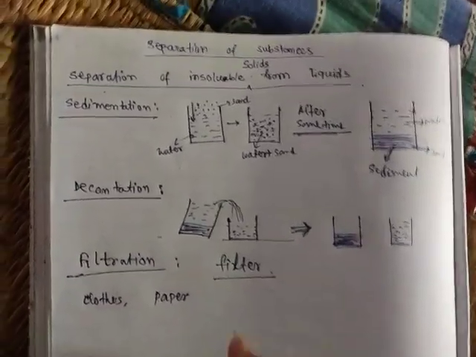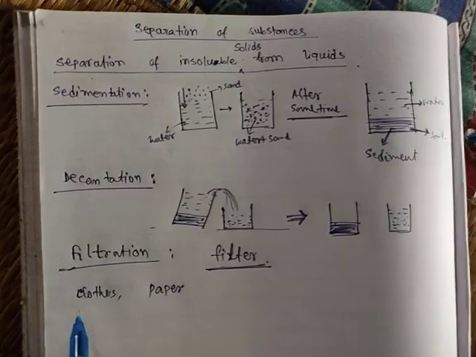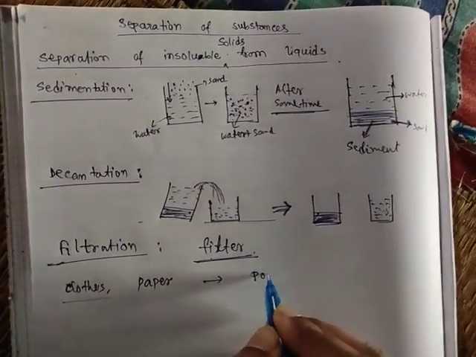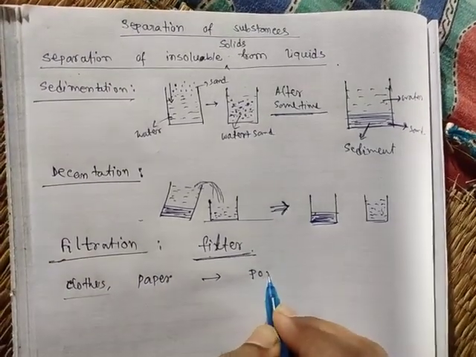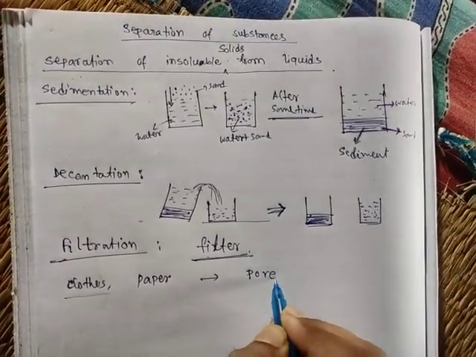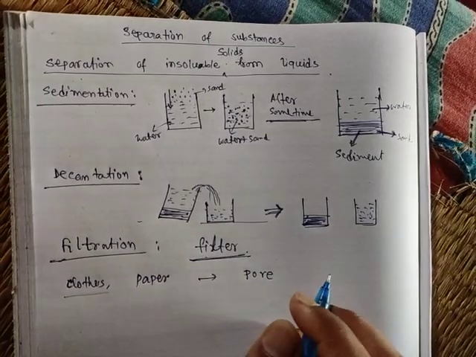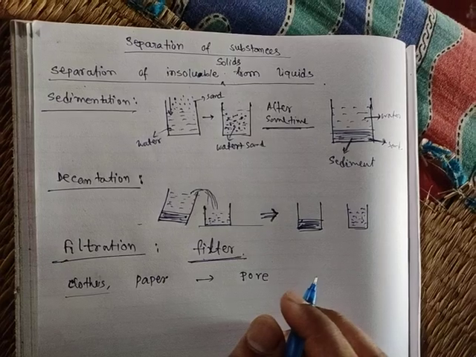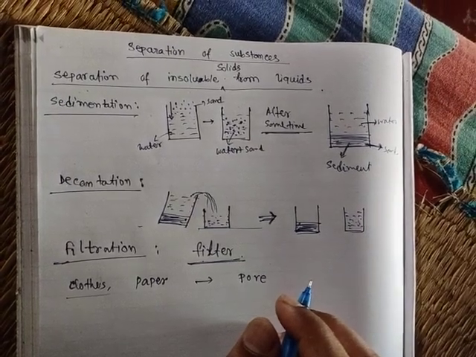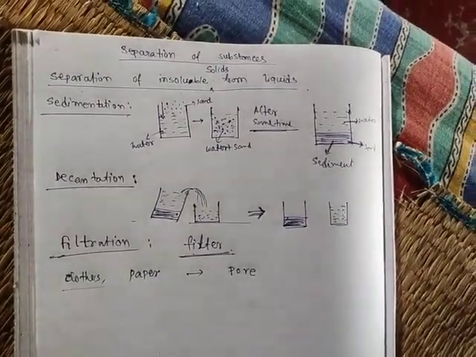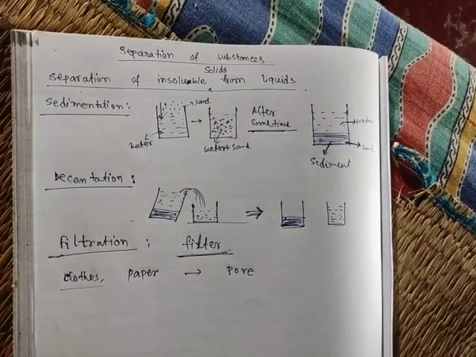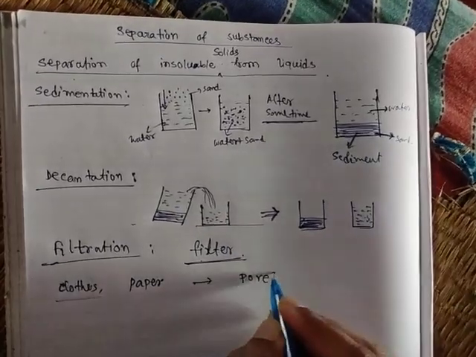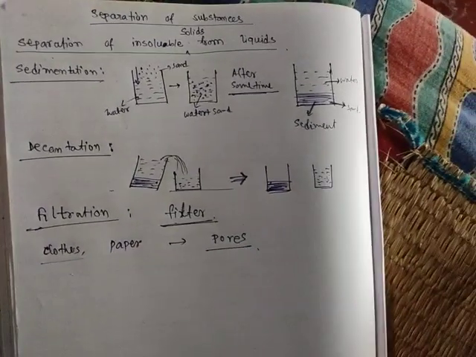And one thing you remember: a filter is a device which may be made up of cloth or paper, and it consists of a large number of pores.